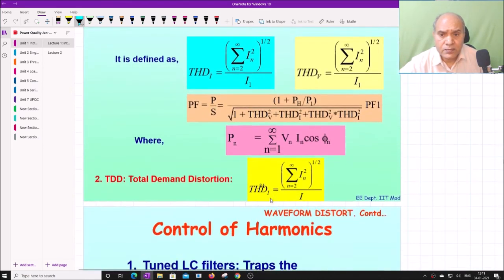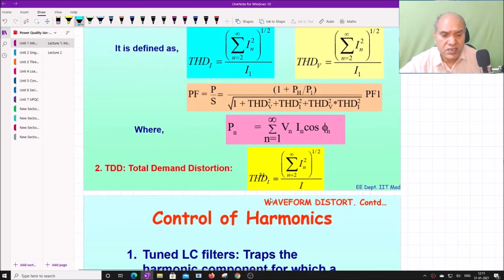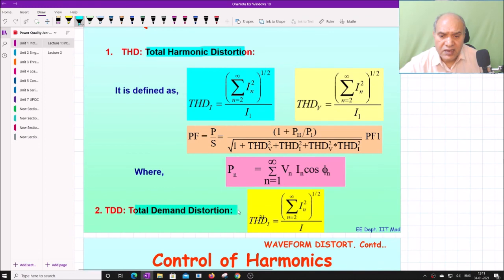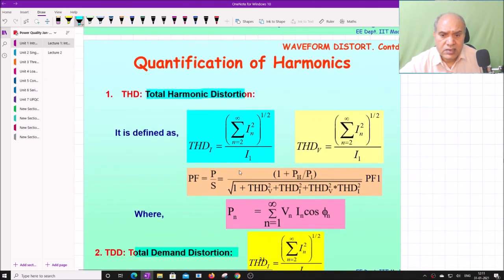As I said, these are normally measured with the help of some index called THD here or TDD, defined as the square root of the sum of I_n squared, n equal to 2 to infinity.